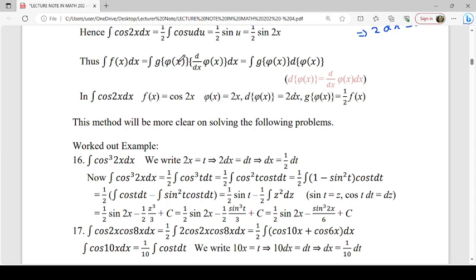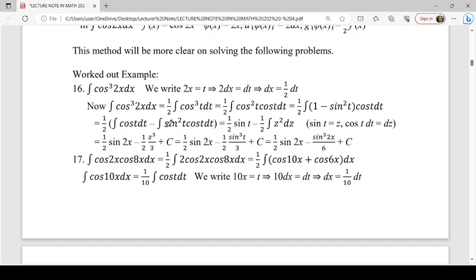If we write phi x is equal to u, this 2x is equal to phi x, then we are substituting this in terms of d of phi x. So these are all by method of substitution.